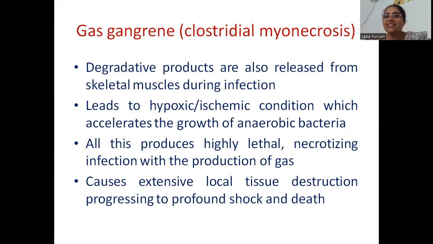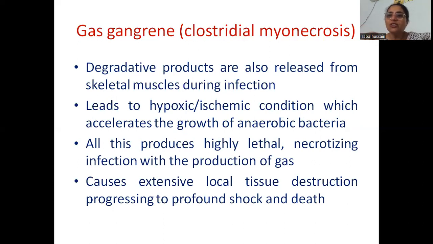So from the skeletal muscles, the degradative products are released, and these also disturb the cells, and it causes hypoxia or ischemia, that is a decrease in the oxygen supply. And when there is a decrease in the oxygen supply, all blood cells and blood vessels are getting affected.